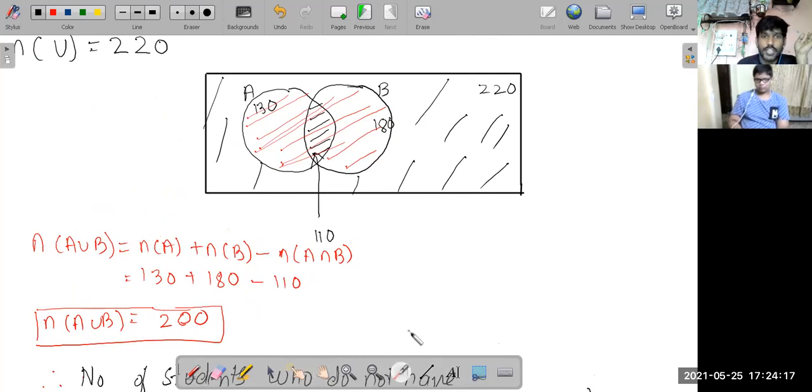Now look at the Venn diagram. These are the entire students who like rock climbing, 130. But from these, there are 110 students who like even sky watching. So how will I find out this portion here? We subtract 110 from 130. Correct.